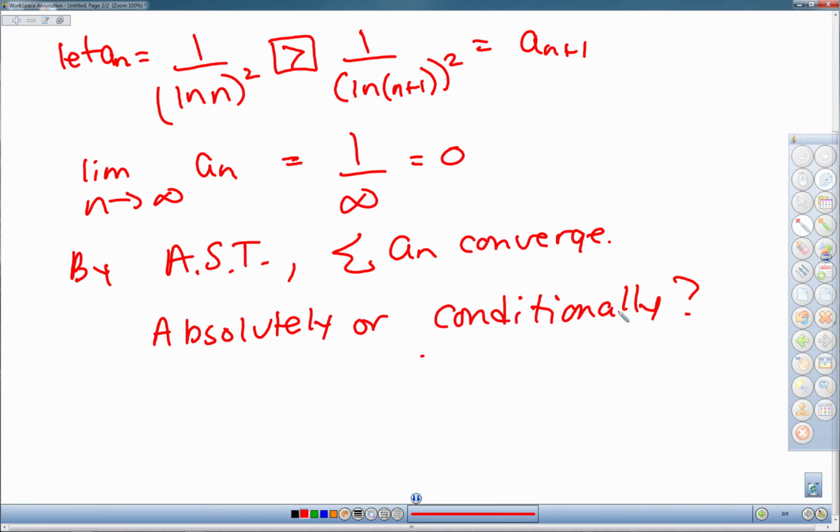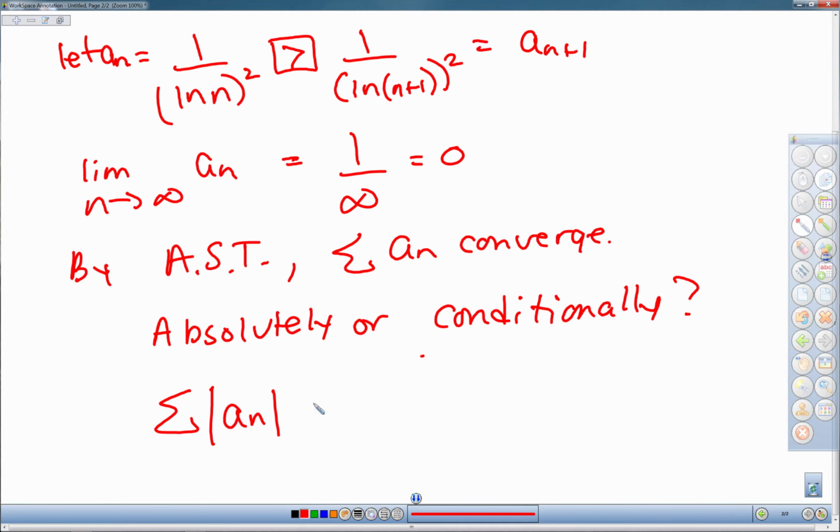Well, we should always try the comparison test. Let's see what happens there. We're going to investigate this right here. What is this particular series? How does it behave?